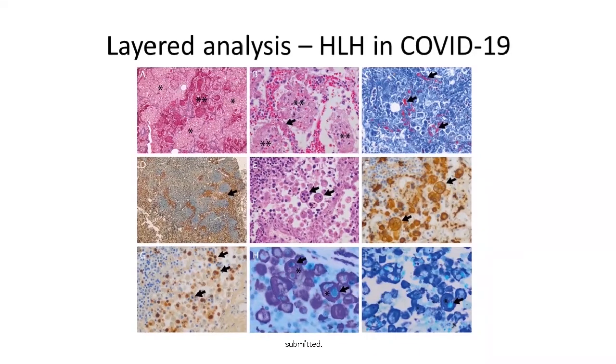Something that we've also used in layered analysis is the analysis of a lymph node in this very topical case of a COVID-19 patient who, by using the H&E, was suspicious of having had a lymphohistiocytosis.